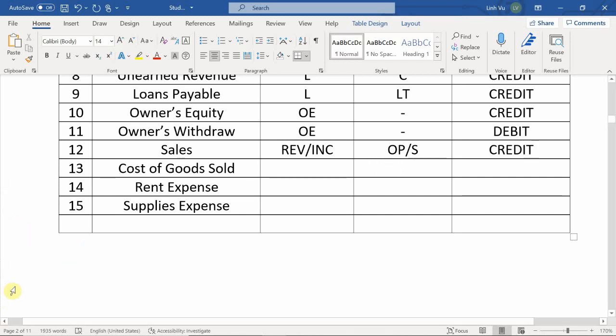All right, three more to go. Number 13 here, cost of goods sold. What is cost of goods sold? An income? Not in this case.